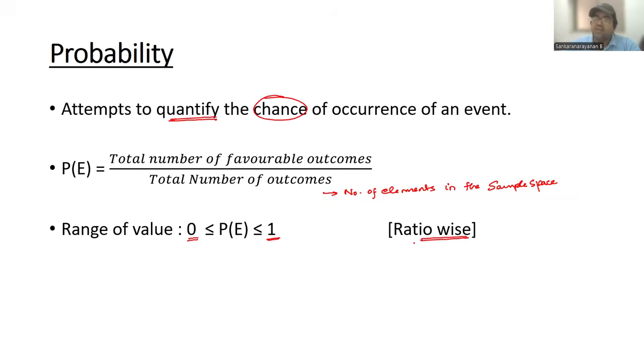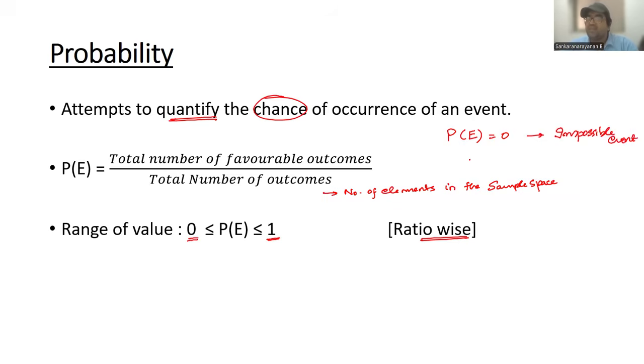For example, when I'm rolling a dice, what is the probability that I'm going to see a multiple of 9? I will say P of E is equal to 0. Please note, if P of E is equal to 0, understand I am referring to something called an impossible event.